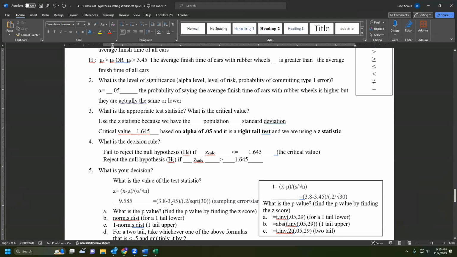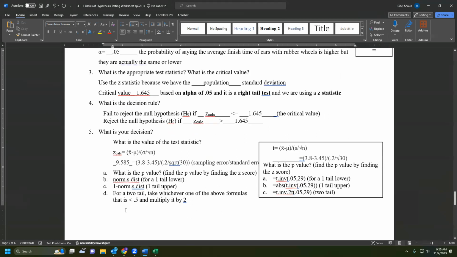Okay, so that's how you do that in Excel. So 9.585 is the Z value, the Z calculated value to be more specific.